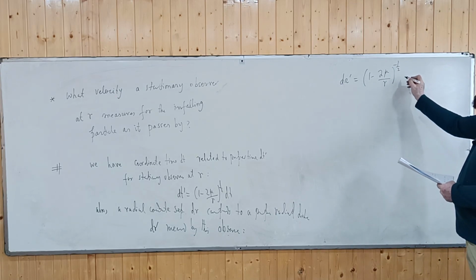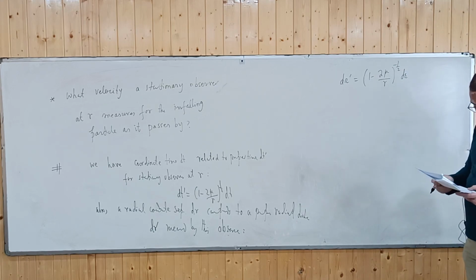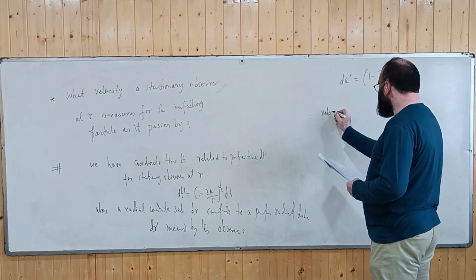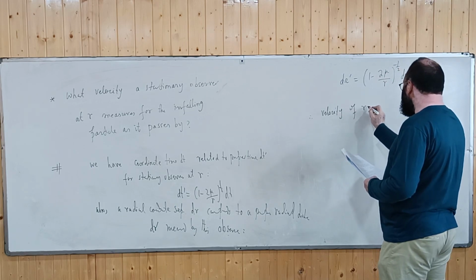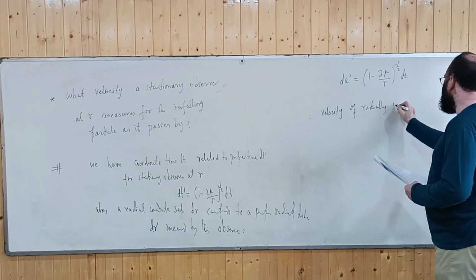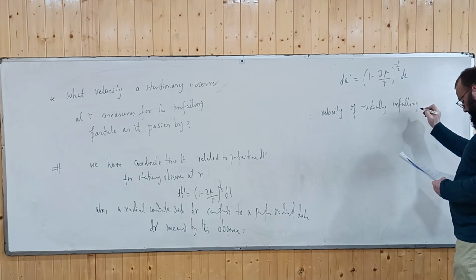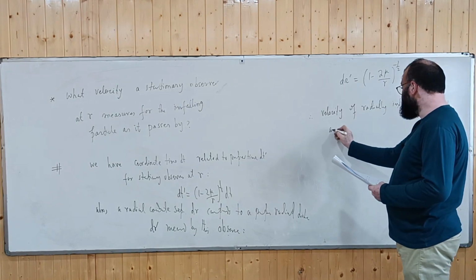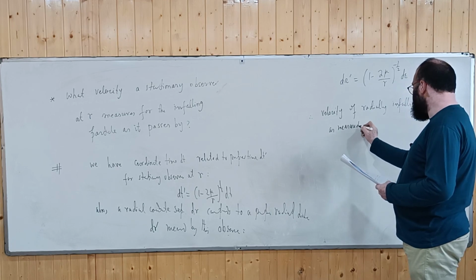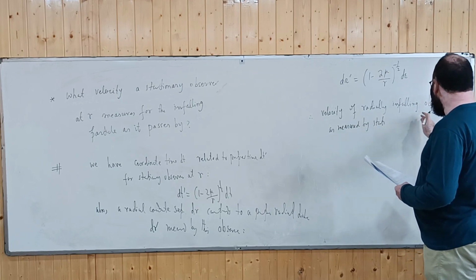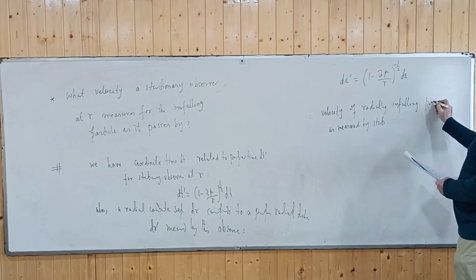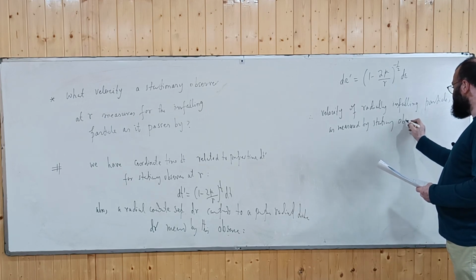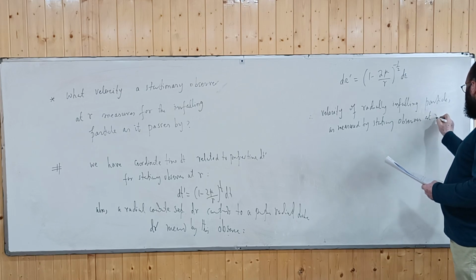That is simply dr prime equal to (1 minus 2 mu by r) raised to the power minus half times dr, because it contains the minus 1 power. Therefore we can calculate the velocity of the radially infalling object or infalling particle as measured by the stationary observer at r.